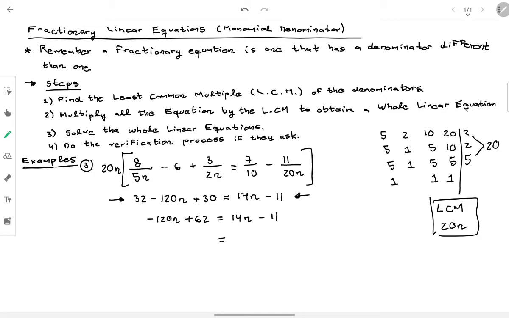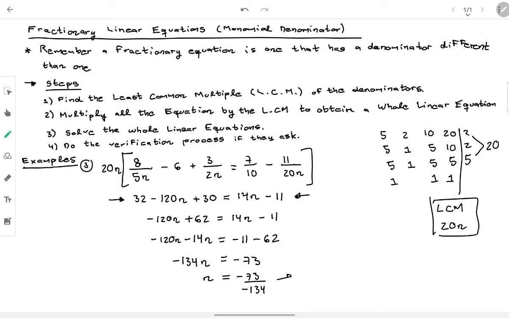So if I send the letters to the first member and the numbers to the second member, it's going to be minus 120n minus 14n equals minus 11 minus 62. So it's going to be minus 134n equals minus 73. n equals minus 73 over minus 134.